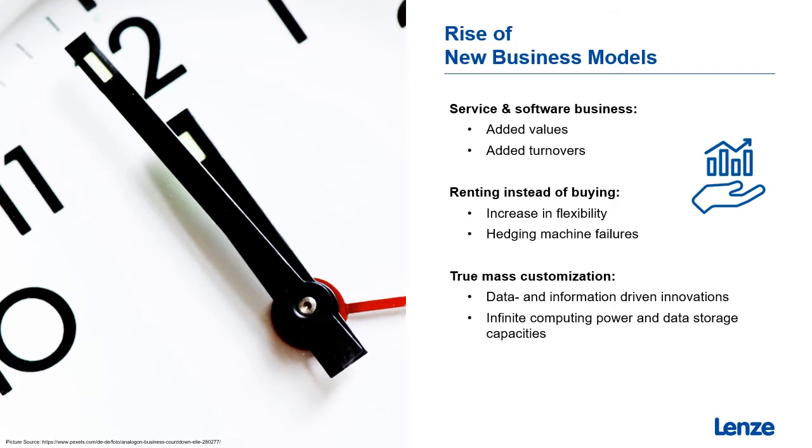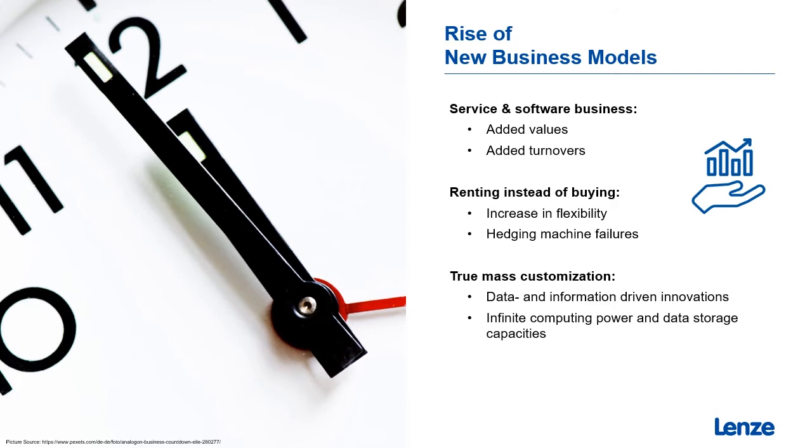You have added turnovers, but you also see a lot of change in the behavior of companies, so that maybe you don't buy your own machine anymore. Maybe production companies are renting these machines, but paying per use of material which runs through that machine. But all this means, again, an increase in flexibility, and it's hedging machine failures.